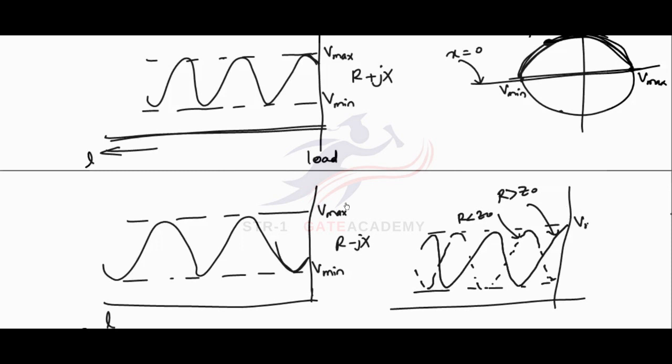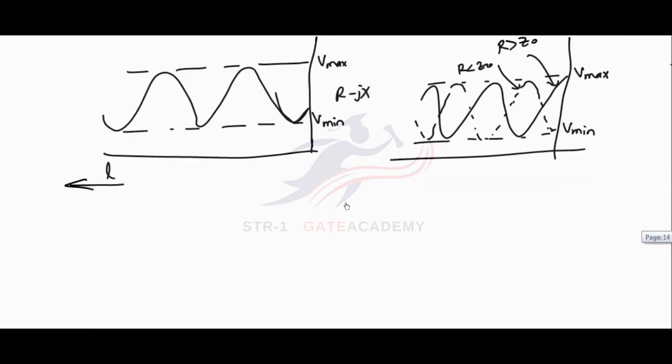In this case, you will get Vmax first, and in this case, you will get Vmin. So we have considered three types of load: the resistive load, the inductive load, and the capacitive load. Now let us look at the short circuit load and the open circuit load.